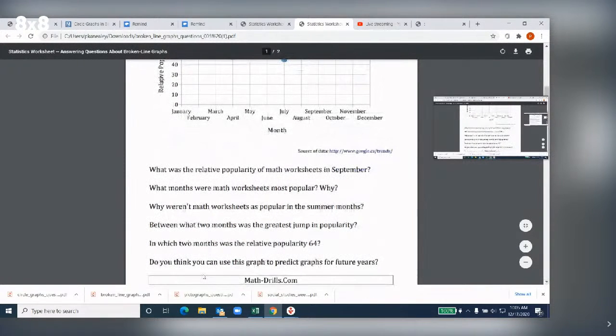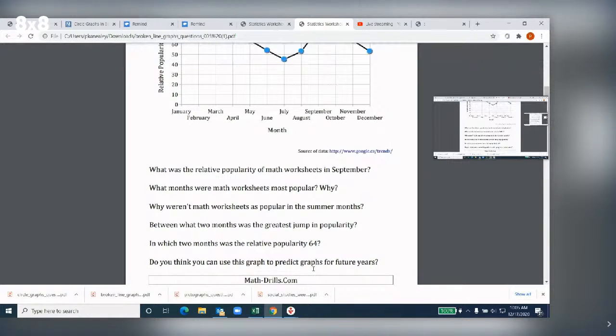Okay. And do you think you can use this graph to predict graphs for future years? Once again, this isn't a right or wrong answer, but I think this gives you a pretty good idea. When school's in session, people are probably Googling math worksheets. So I would say you probably could use this one.